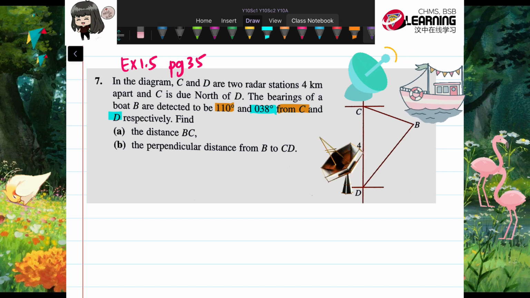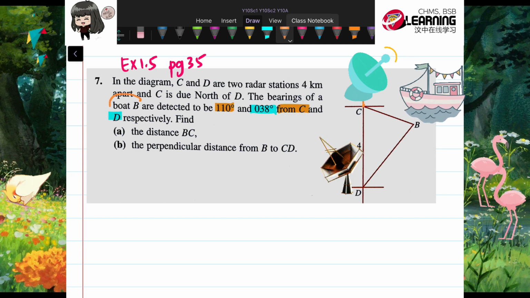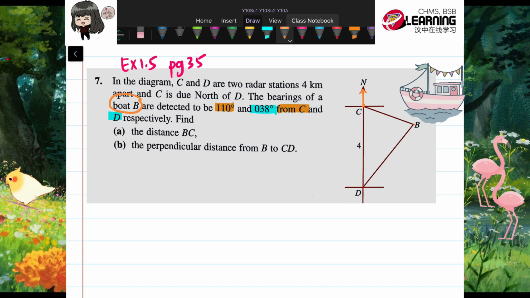So what we're going to do is, from C here first, the boat B they are talking about is over here. So here is 110 degree, and 38 degree is from D, from north, like this. This is the information that they give you.